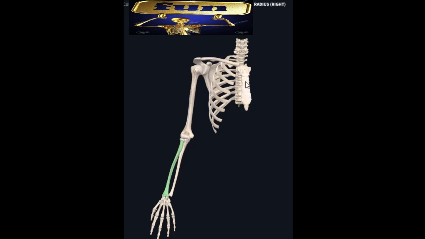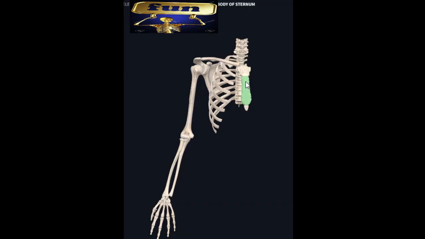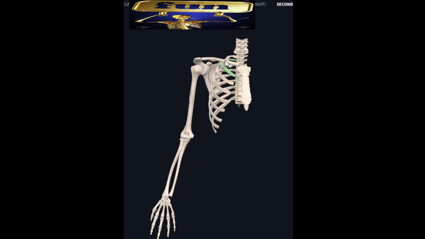Again, let's go over them. Say them with me. The sternum. This is the body of the sternum, the xiphoid process of the sternum, the manubrium of the sternum. Good. This is the clavicle or the collarbone. This is the scapula. This is the humerus.